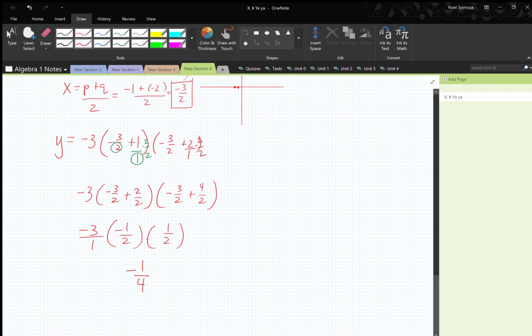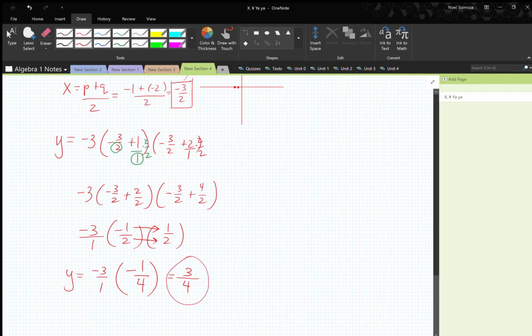I multiply the top numbers and I multiply the bottom numbers. And I still need to multiply with the negative 3 over 1 on the outside. So I multiply negative 3 times negative 1, that's a positive 3, and 1 times 4 is just 4. So my y value, the output for my vertex, is going to be 3 over 4.